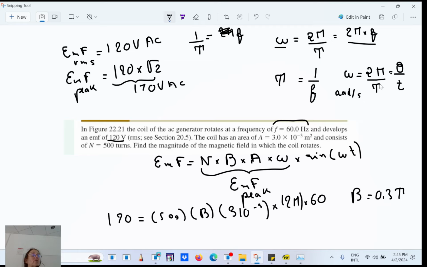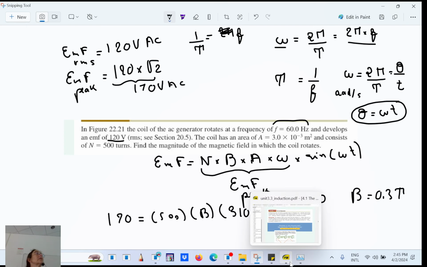That will be the period because that's the time for 1 revolution. So you have the angle at a given time equals omega t. It's easy to understand revolutions per second. How many revolutions per second? Except it's in rad per second.